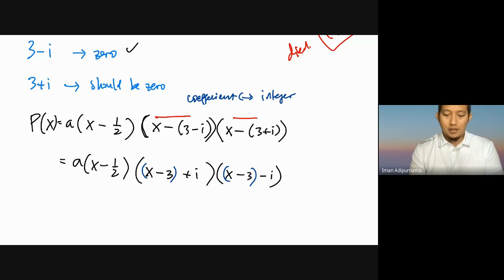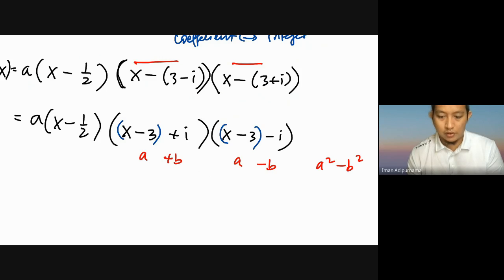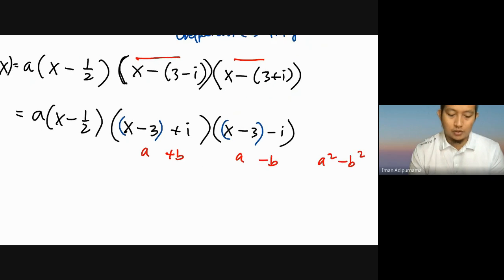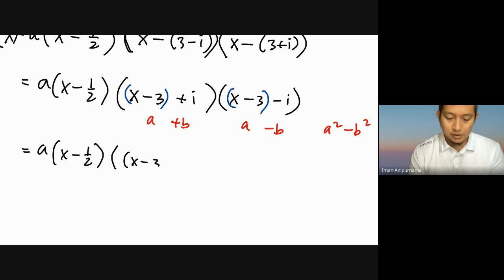If you have a plus b times a minus b, this should be a squared minus b squared. We can apply that here, so with x minus 3 it becomes x minus 3 squared, and then minus i squared.